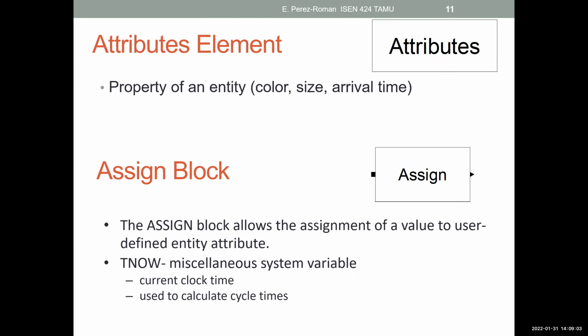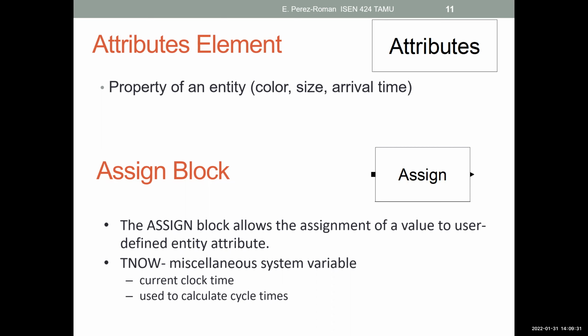And how are we going to define and assign these attributes? We're going to have an experimental frame element block that is going to allow us to define the attribute, that property of an entity. And then whenever we want to assign that property to an entity, we're going to use an assign block, and that's in the model. The assign block allows us the assignment of a value to a user-defined entity attribute.